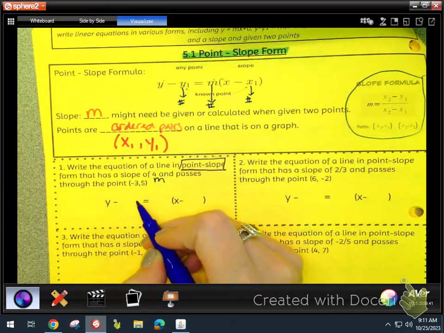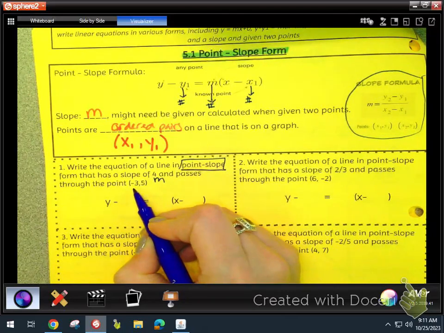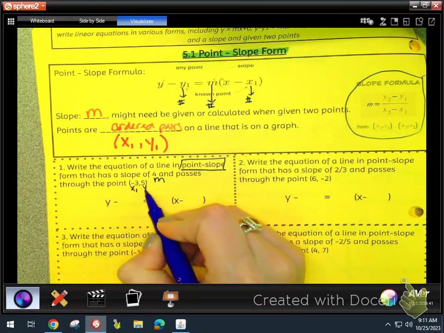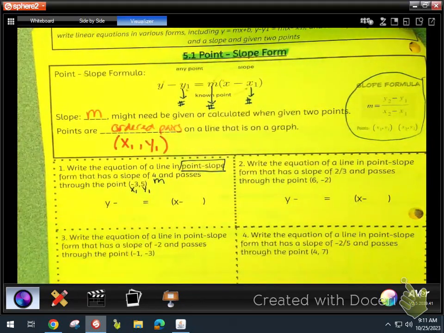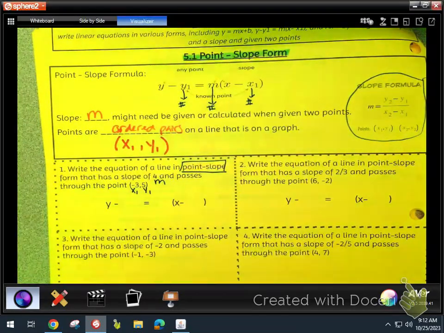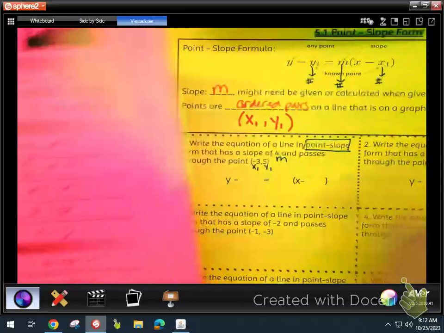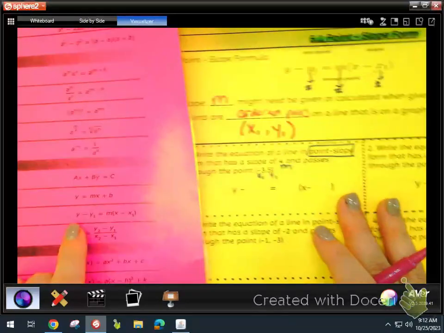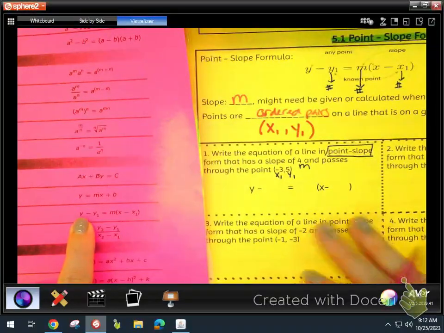That's our x1, y1. So -3 is the x1, and then 5 is the y1. I want you to put those labels, so that when I look at my formula chart, I can just plug in where everything goes.